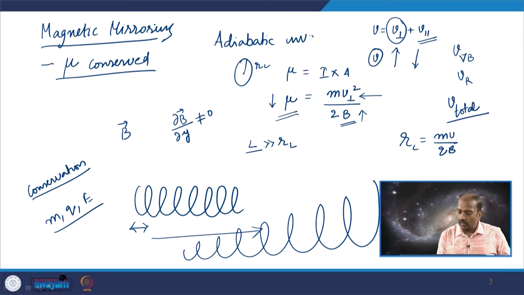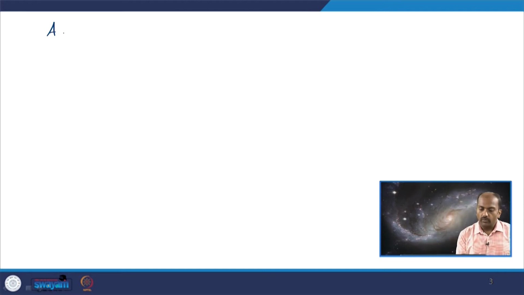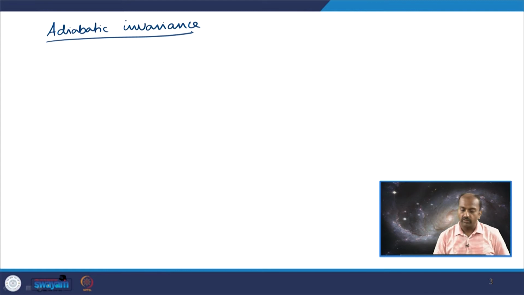Adiabatic invariance. Right. So let's see what else we learn about adiabatic invariance. We will try to use the conservation of the magnetic adiabatic invariance.